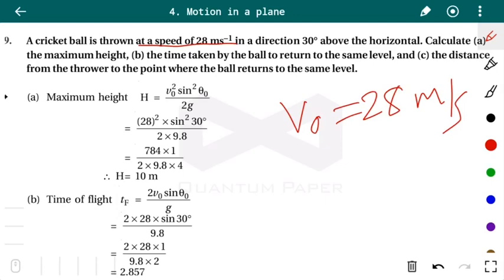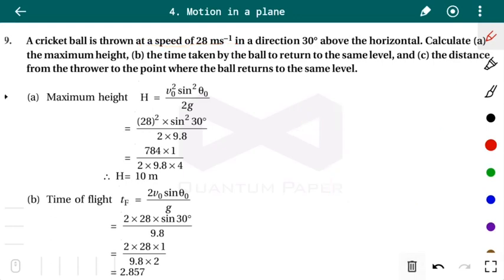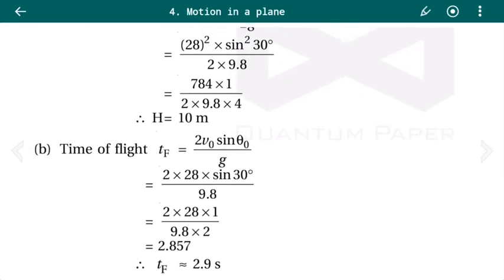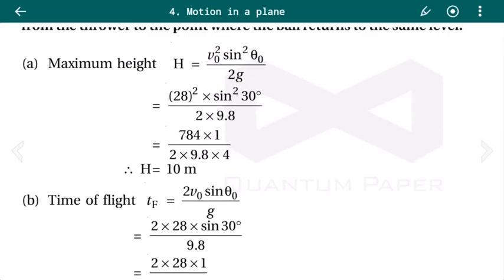Then it is already said that it is thrown in a direction 30 degree above the horizontal, that means this angle by which it is thrown is 30 degree. So theta is equals to 30 degree. Applying this value, we get 28 square into sin square 30 degree upon 2 into 9.8. Solving this, we get 10 meter. So maximum height taken by the cricket ball is 10 meter.